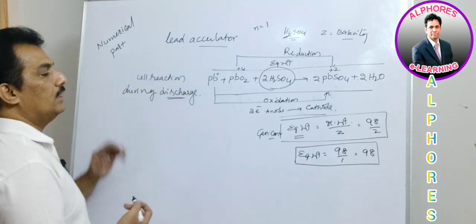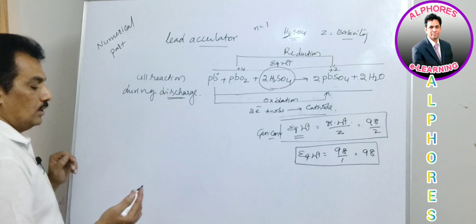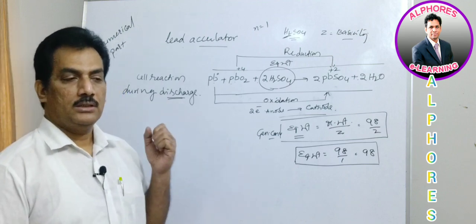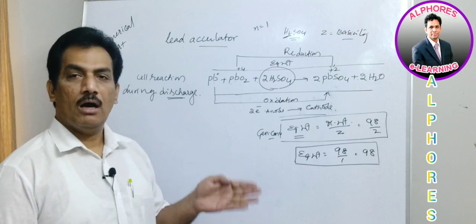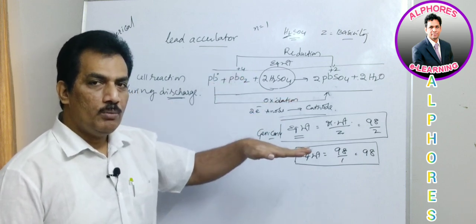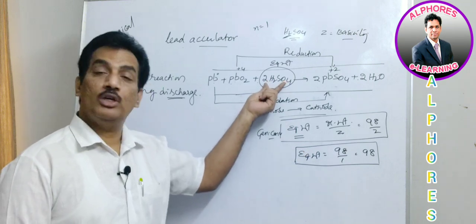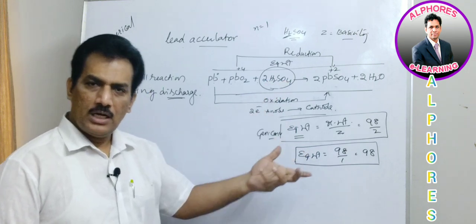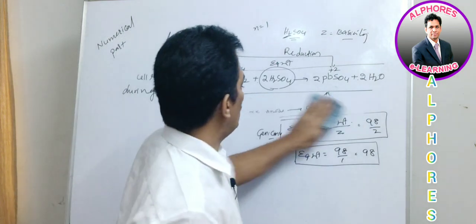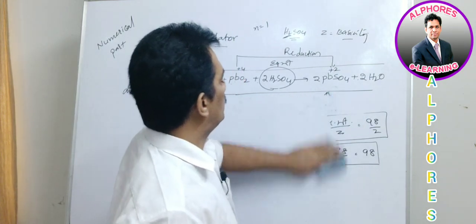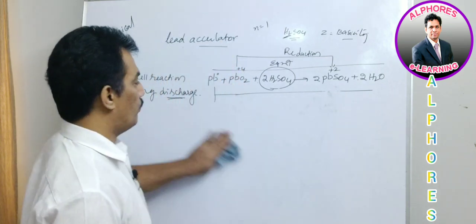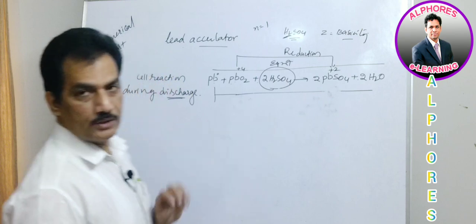Next, they will ask you to find the current, the electricity developed during this discharge, by giving information related to the concentration of H2SO4. Let me give one numerical related to that. This is the reaction, already we know: Pb plus PbO2 plus 2H2SO4 giving this product.